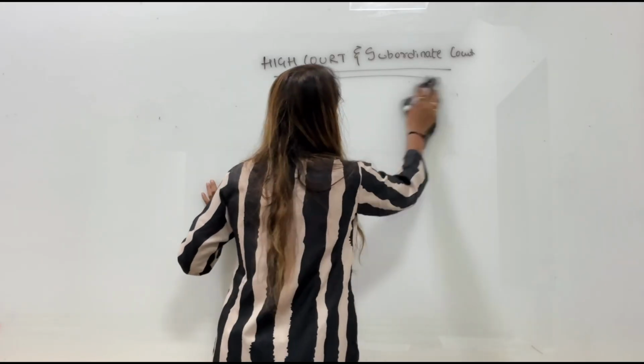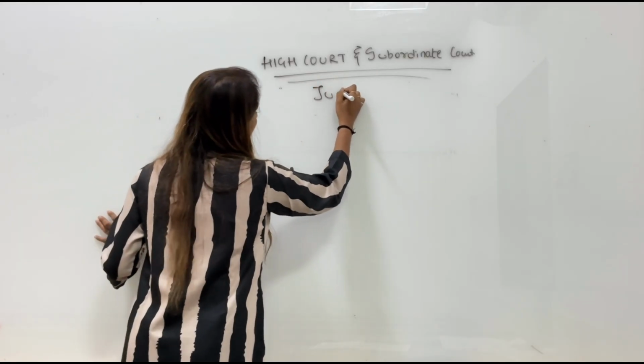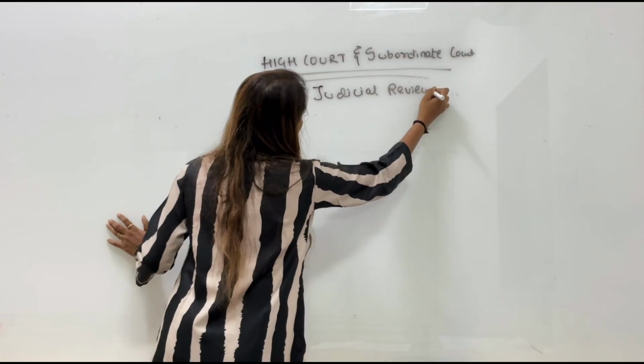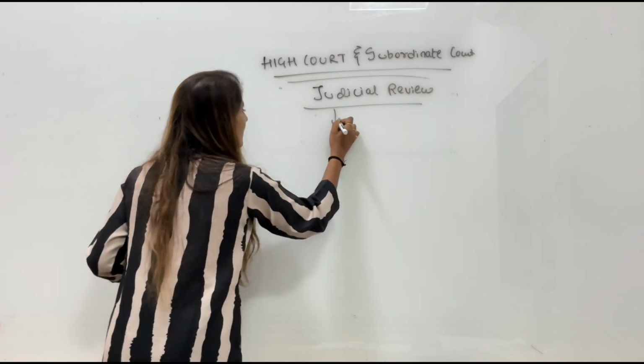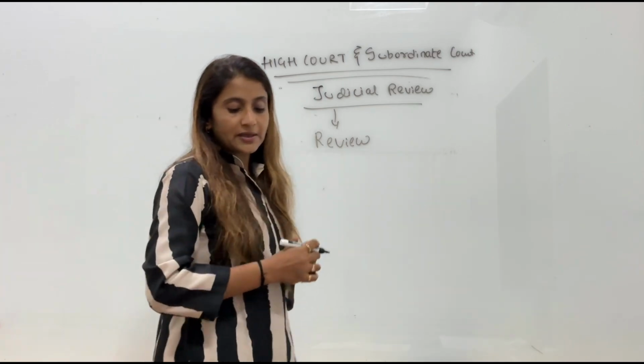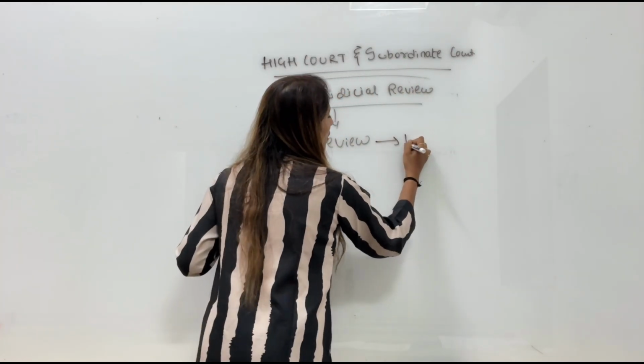Next we have judicial review. The next function is judicial review. Again, in this, High Court is going to review. What is High Court going to review? High Court will review law.